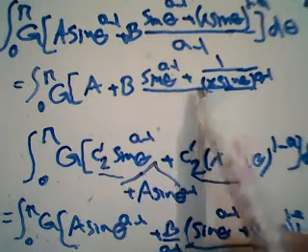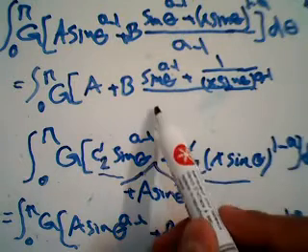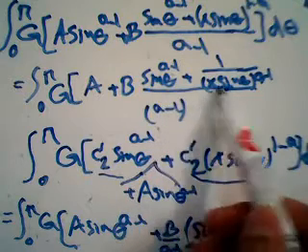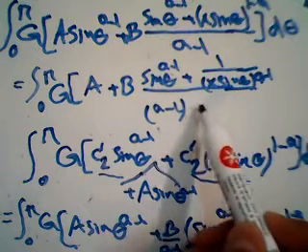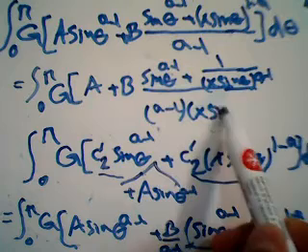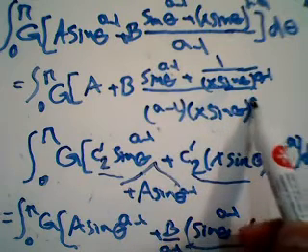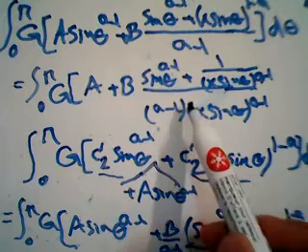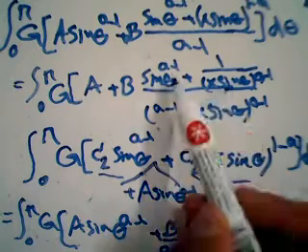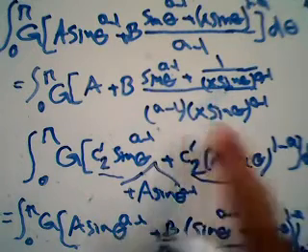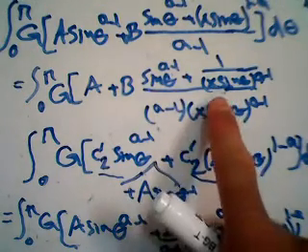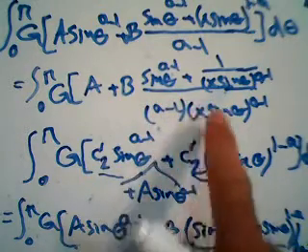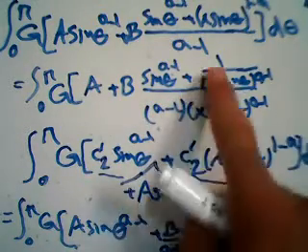So here we got A minus 1, this A minus 1 times this x sine theta A minus 1, and the denominator would be this times this, which is x sine theta times sine theta would be x sine theta squared plus 1.